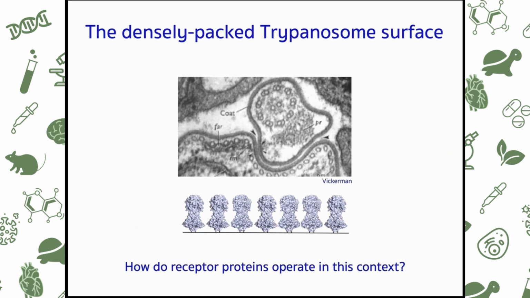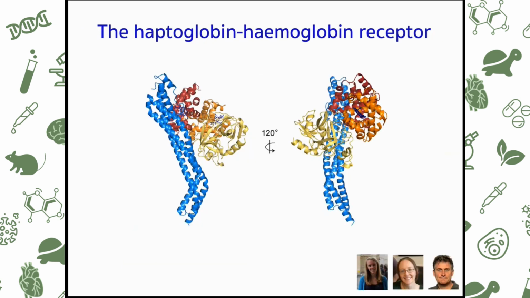So how do these receptor proteins function? How do they whiz around and grab material from the trypanosome surface? So this is just a piece of work done by Harriet, a PhD student working with me, and she found out what this hemoglobin haptoglobin receptor from the trypanosome looks like. And it's this blue molecule, this elongated molecule made of these 3 alpha helices in a kind of bundle.